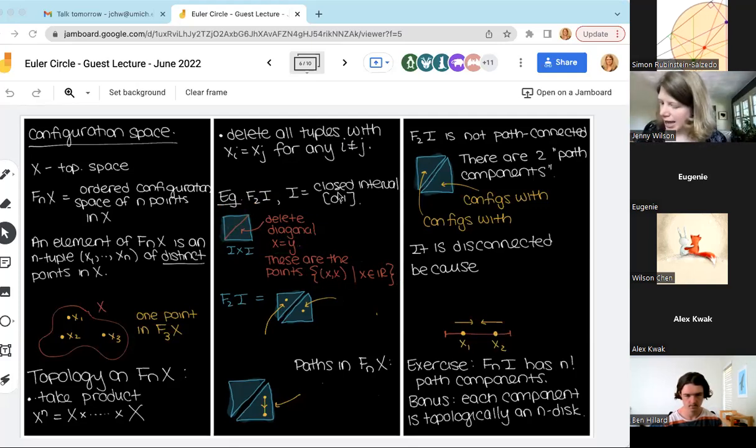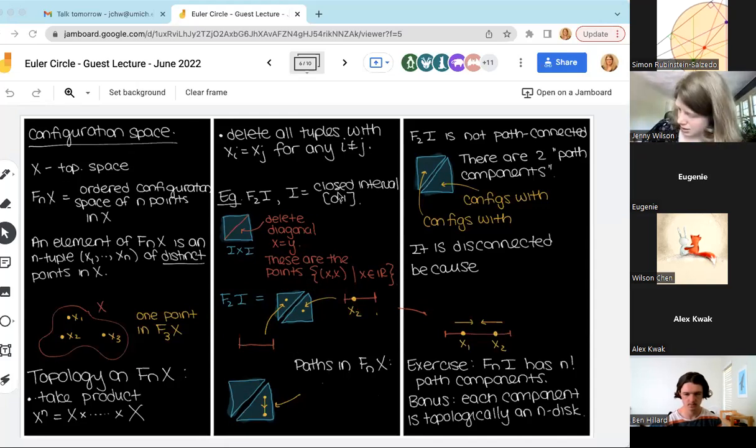That's the line of all the tuples where both points are the same. And so what I get is my configuration space on two points. It is these two disjoint triangles. And I can view every single one of these points in my space as corresponding to a configuration, which I can draw a picture of.